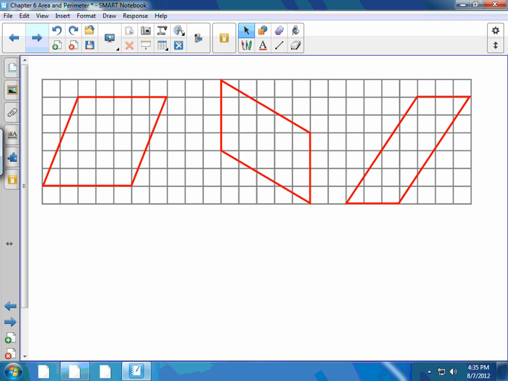So here we have three parallelograms, and I'll label them. Here's the first one, second, and third. All right, let's take a look at that first parallelogram. What we're going to do is try to find a way to cut that parallelogram and change it into a rectangle. But before I do that, I'm going to label the base, and I'm going to draw in and label the height.